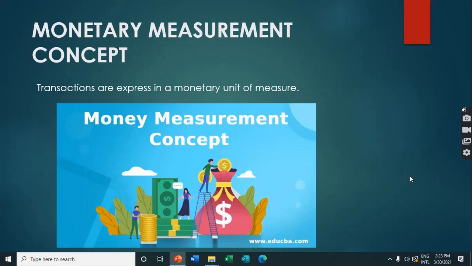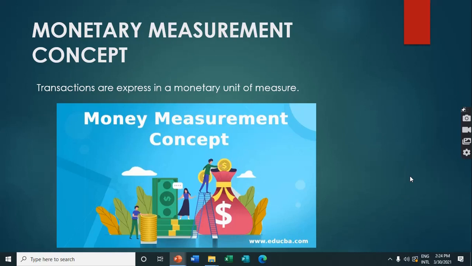Now, let's take the monetary measurement concept. So, ano naman itong sinasabi ni monetary measurement concept? So, transactions are expressed in a monetary unit of measurement. So, in the Philippines, syempre, you will be recording transactions in Philippine peso.